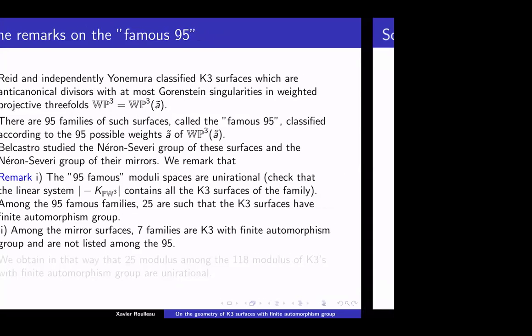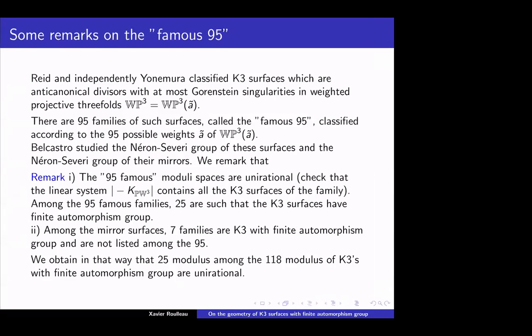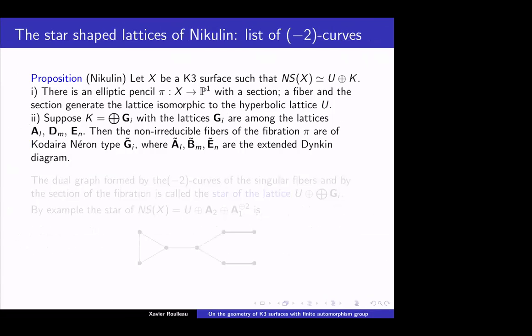Okay. And the second general result I wanted to mention is the result of Nikulin, with another point of view, which is rather a corollary of the work of Nikulin. The result is that Nikulin gives the number of -2 curves and their configuration for some of the K3 surfaces we are studying.